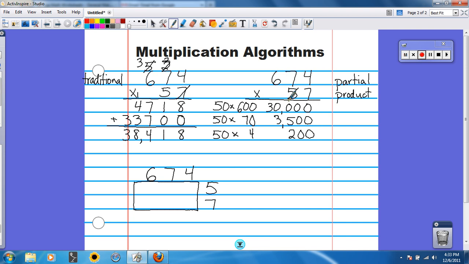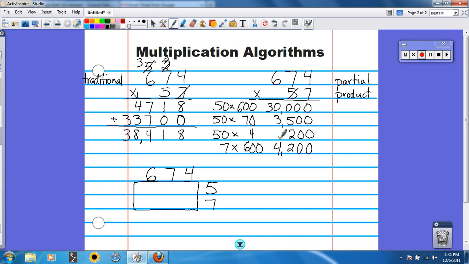Now I'm done with the tens place. I move on to the ones place. I'm going to have the exact same numbers here. So we have 7 times 600, which is 4,200. Notice when I'm writing these numbers, I'm keeping all of my digits lined up.